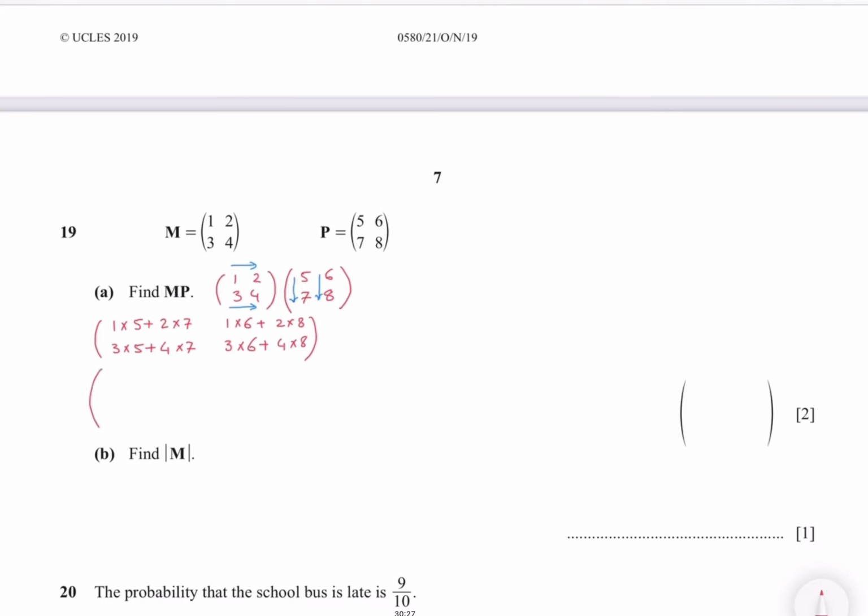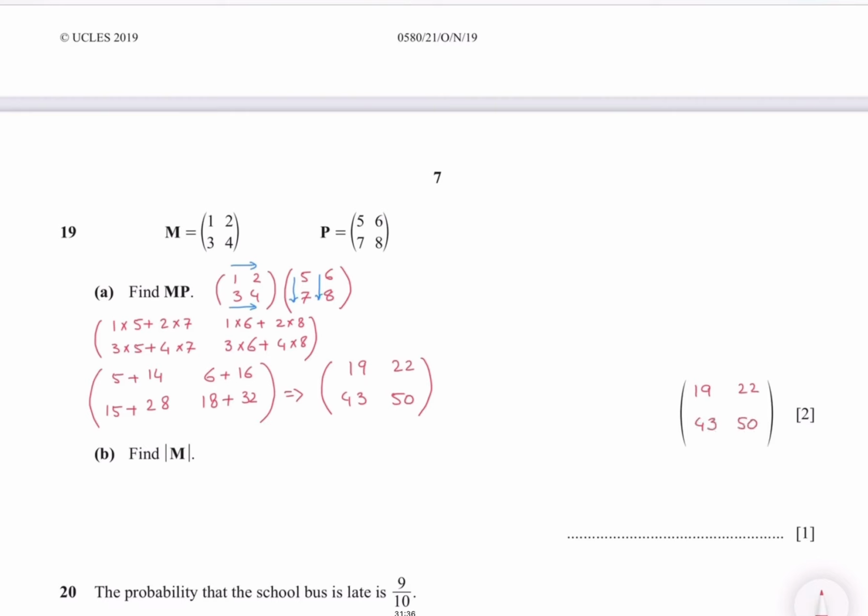Now solve it from here. 5 times 1 is 5 plus 14, 6 plus 16, 15 plus 28, 18 plus 32. So this is your final answer.